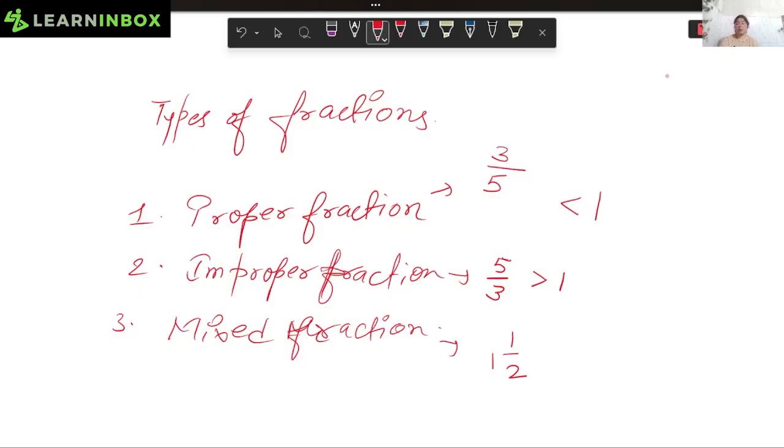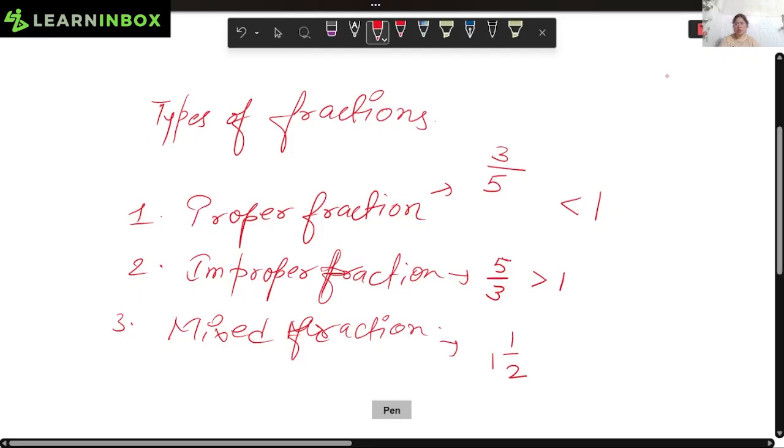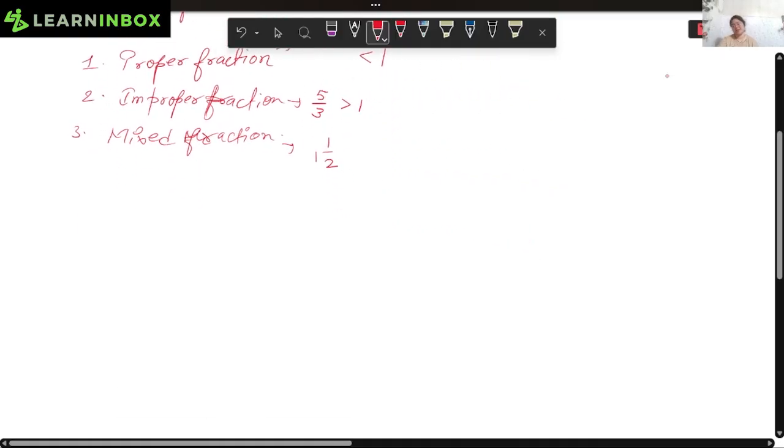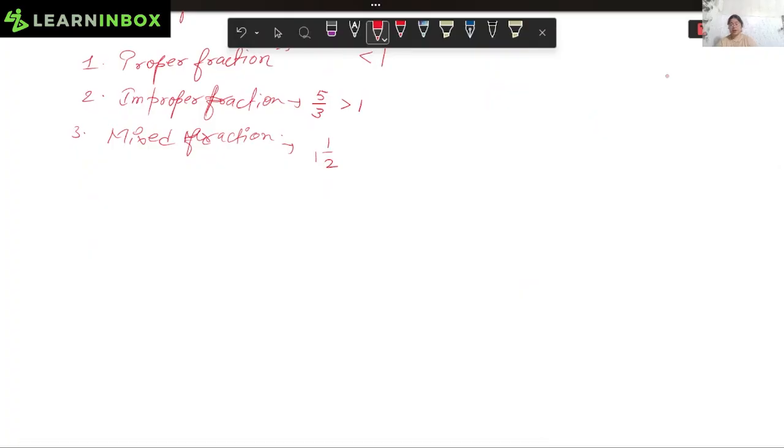Now if we talk about the smart trick, the denominator is the total number of parts and the numerator tells your share. If I say there are 4 candies in a bowl, and you took 2 candies from the bowl, how many candies were there in total? 4.